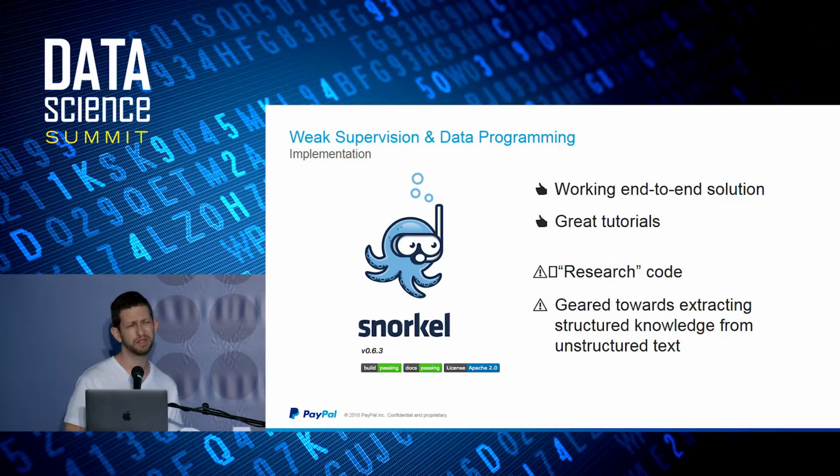If you decide to use it, just a few words. You have to remember that it's very much research code. And more importantly, it's really geared towards a specific use case that this lab comes from, of extracting structured knowledge from unstructured text. Their typical example would be chemical disease relation extraction.